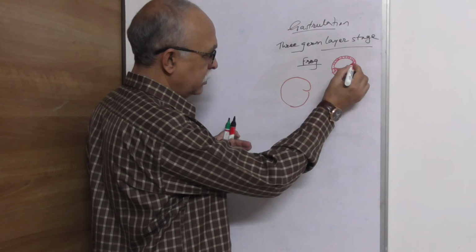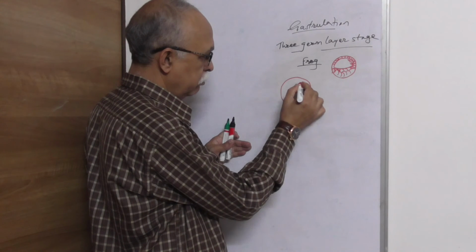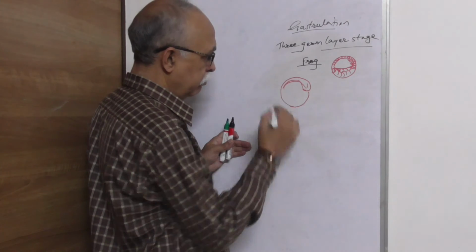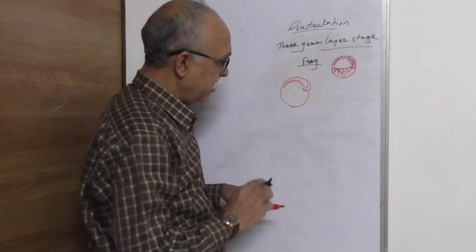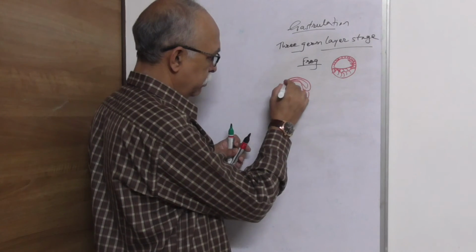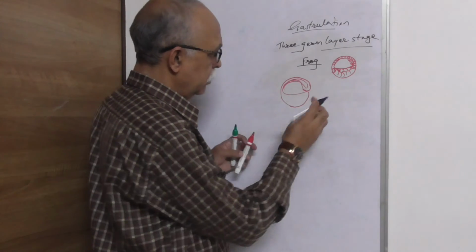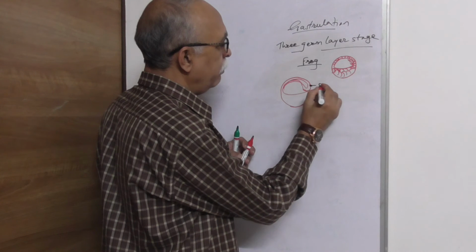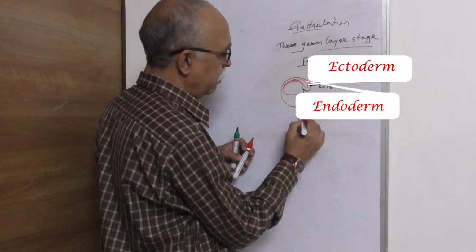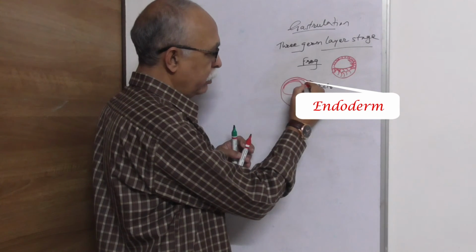That is, these cells, they divide and start forming another layer here. The second layer, outermost layer. This is the outermost layer. This is going to develop into ectoderm. The second layer is going to develop into endoderm. And as you can see, one more cavity is appearing there.